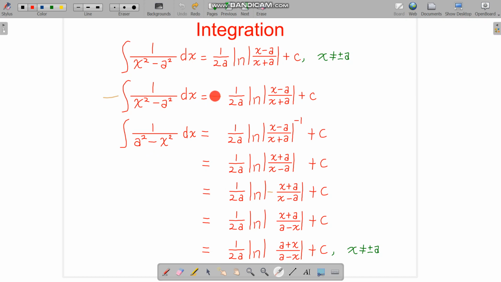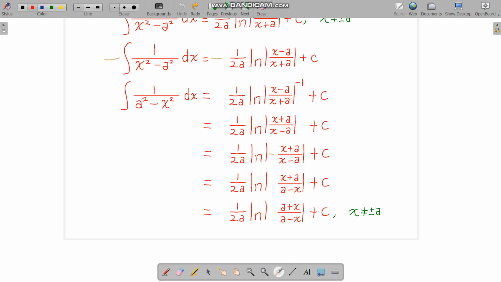And now for this minus, we can pull it inside the ln, and to the power of minus 1 means 1 over, we can flip, and after flipping, you remember we have absolute value here, so we can just multiply by minus and the final result will still be the same. And this minus multiplied with the denominator, we switch the order in the denominator, and of course we can switch the order in the numerator, and we get the formula on MF19.